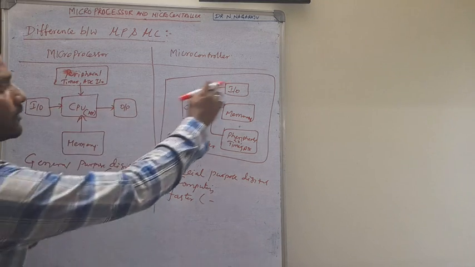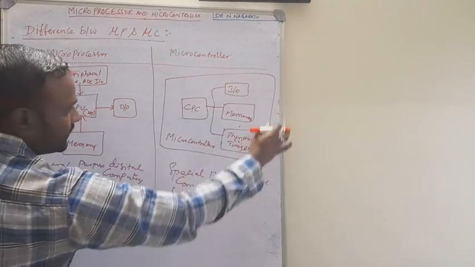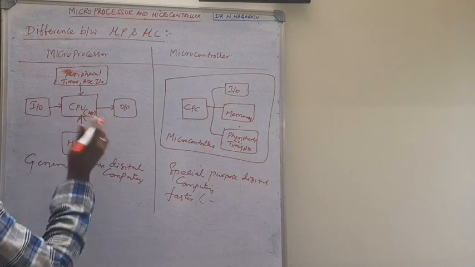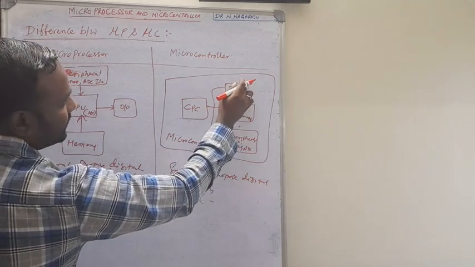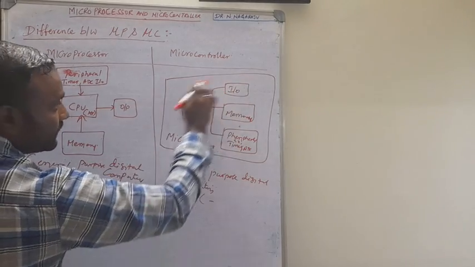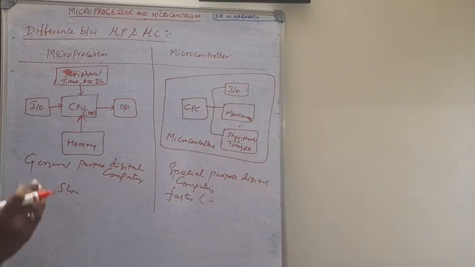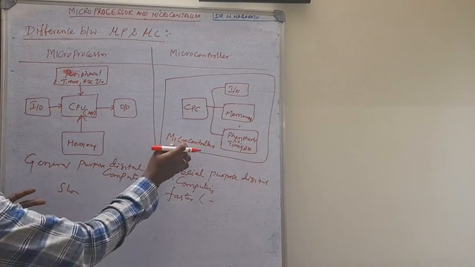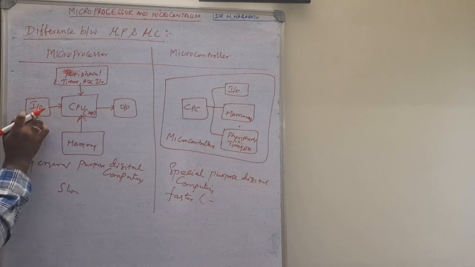So here you just assume this as one room, and here this is the outside of the room. For example, this block contains water. Inside the room itself water is there, so you can access the data faster in case of microcontroller. But here just see this IO block, you just assume as this water.